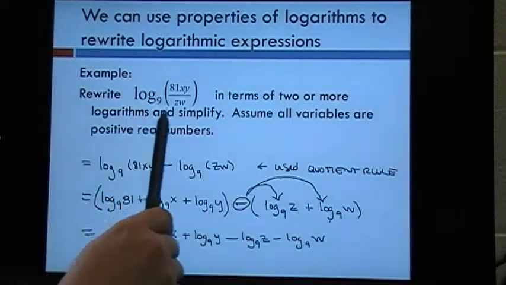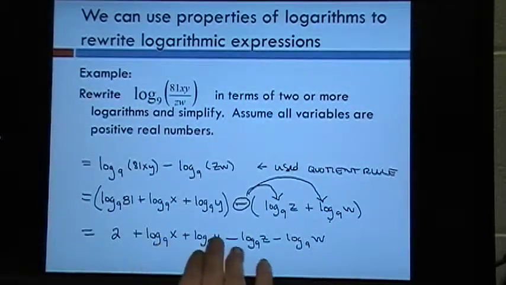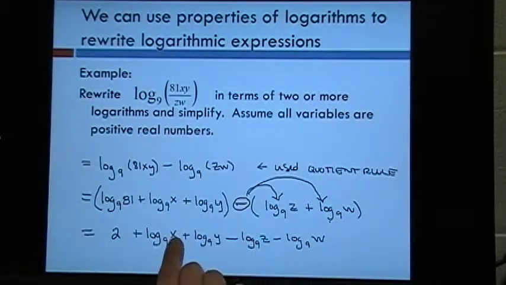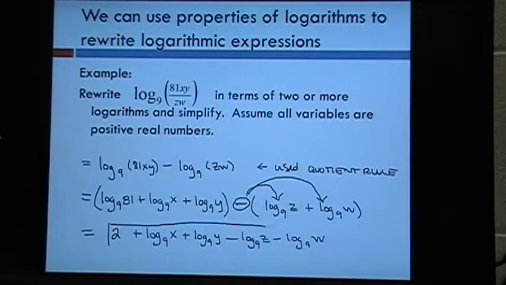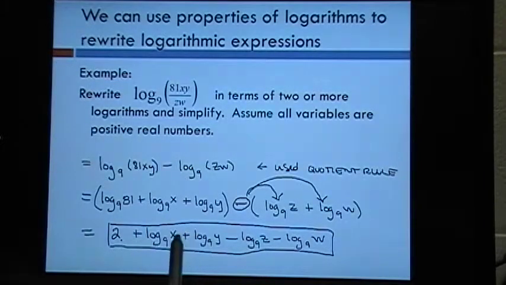So we've basically taken this and split it all apart so that we have just single factor arguments and no powers. Okay, so anytime it says rewrite it as 2 or more, you need to keep going until all of your arguments are single factors, no variables.